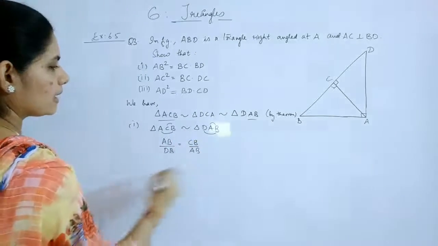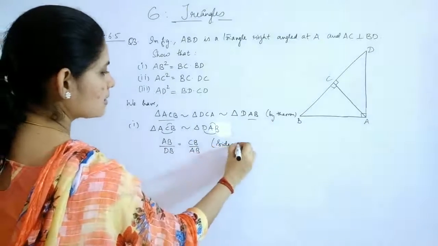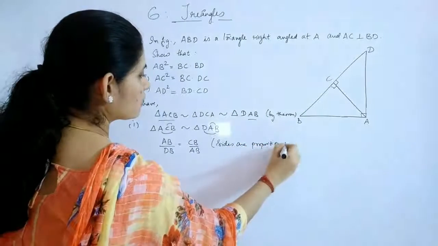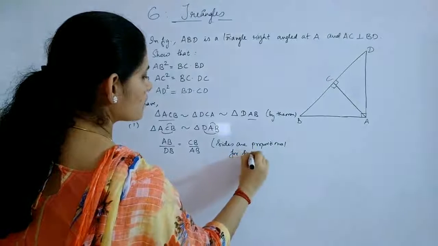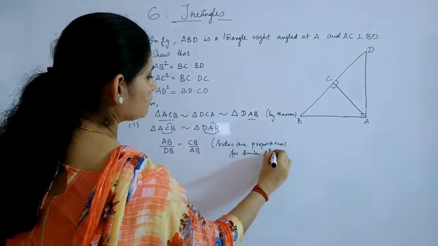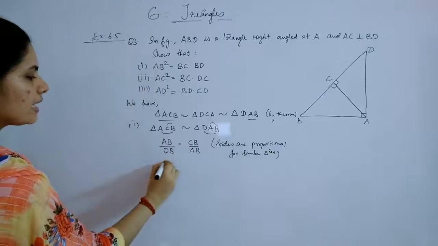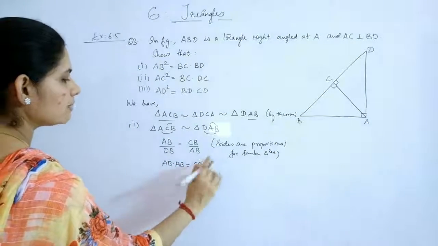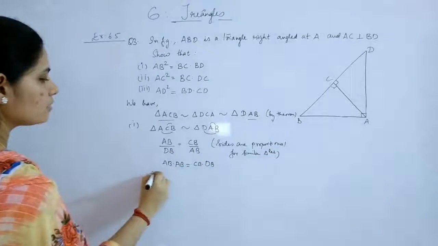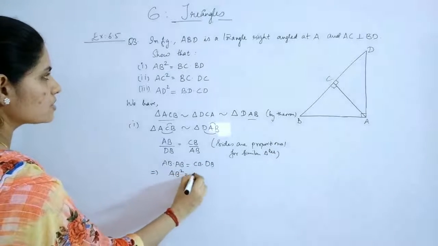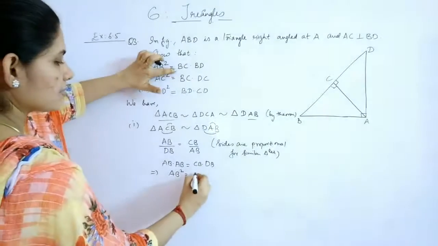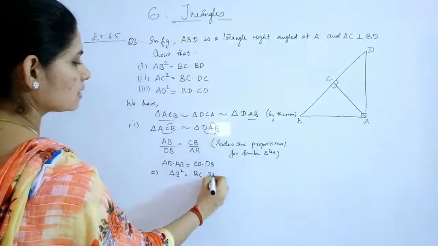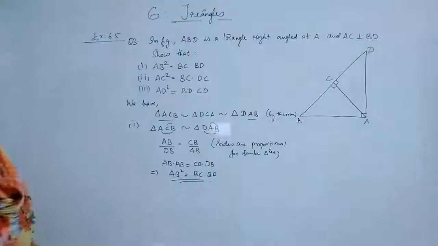Now cross multiplying, since sides are proportional for similar triangles, you will get AB into AB is equal to CB into DB, which gives AB square is equal to BC into BD. Okay, this is your first subdivision.